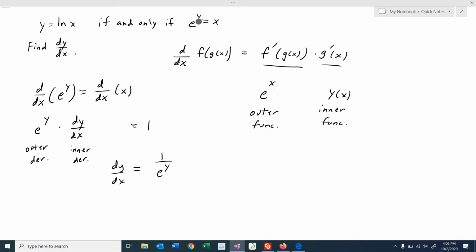Then e to the y is actually equal to x, so this can be written as 1 over x. So we've just found the derivative of y, in other words, the derivative of the natural log of x. It's 1 over x.